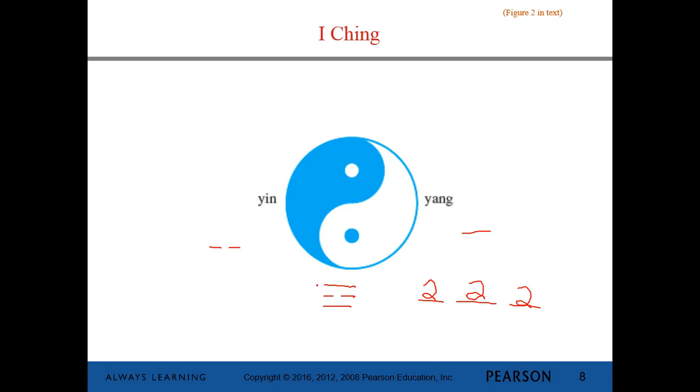There are 8 ways of doing the first one, and then I do another one below it, and there are 8 ways of doing that one. The fundamental counting principle says the number of ways to do both is 8 times 8, which gives me 64. And that's how the counting principle really works.